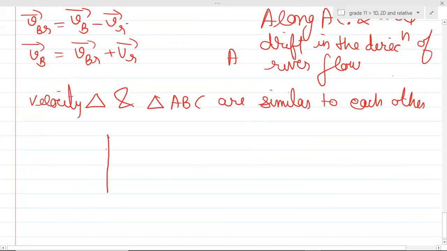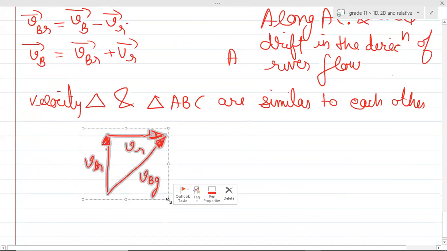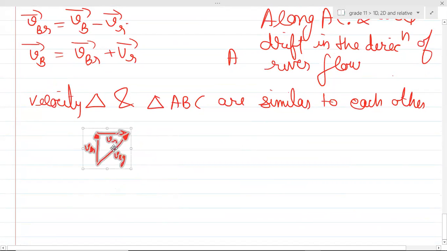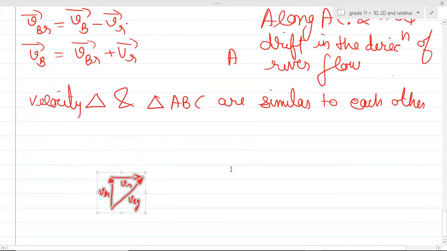So this is your velocity triangle, this is your VBR, this is your VR, and this is the velocity of boy or boat with respect to ground, whatever it is. And this was your triangle ABC.